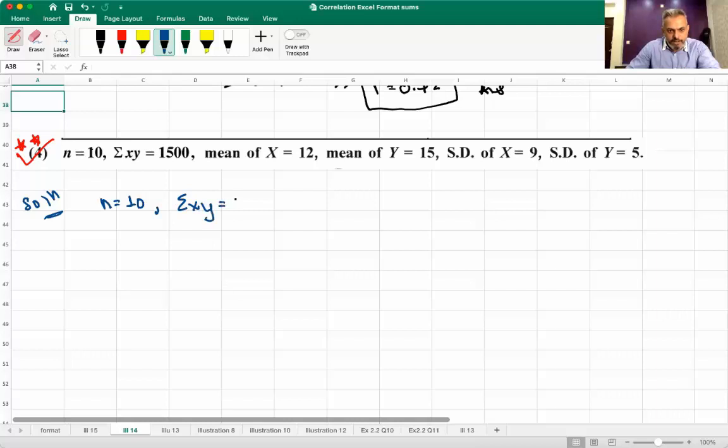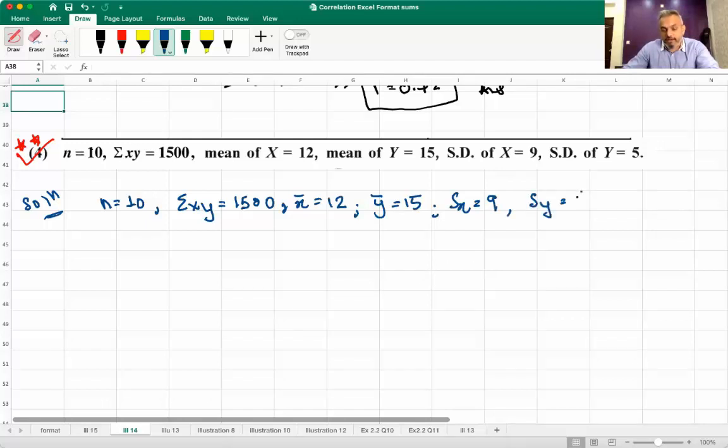Sigma xy is 1500. Mean of x, so x bar is equal to 12. Mean of y, so y bar is equal to 15. Standard deviation of x is equal to 9 and standard deviation of y is equal to 5.